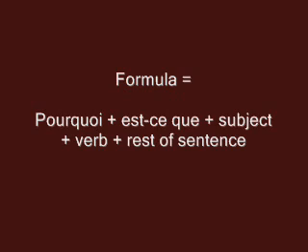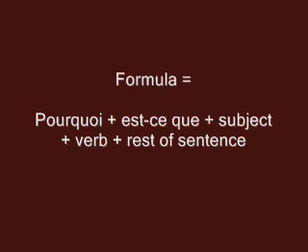Did you notice that the subject came before the verb? That's why we don't have any inversion. In the first method, the verb came first. Here, after est-ce que, the subject will come first.